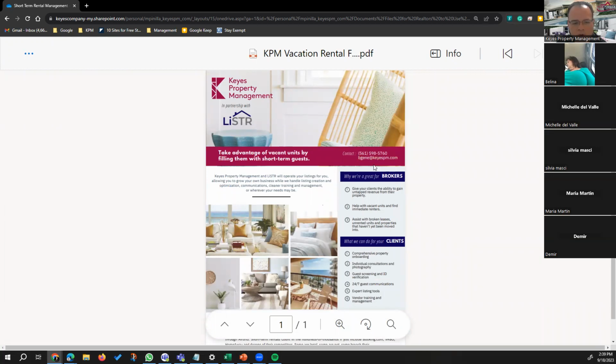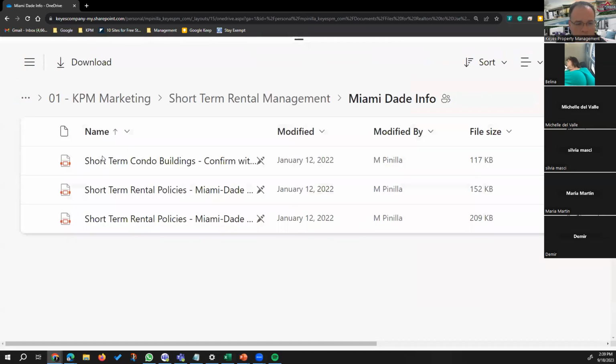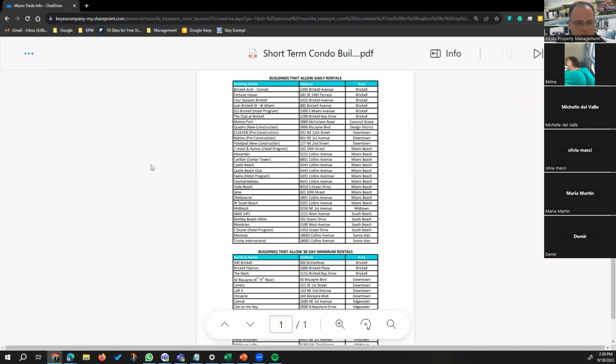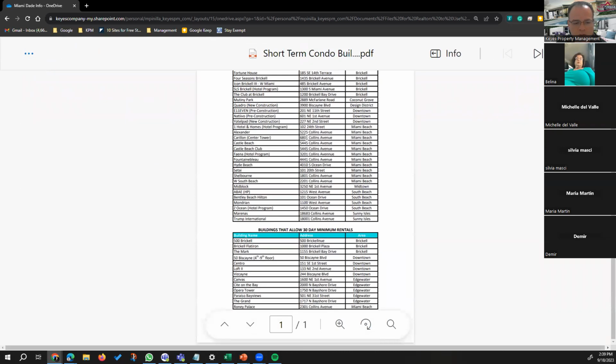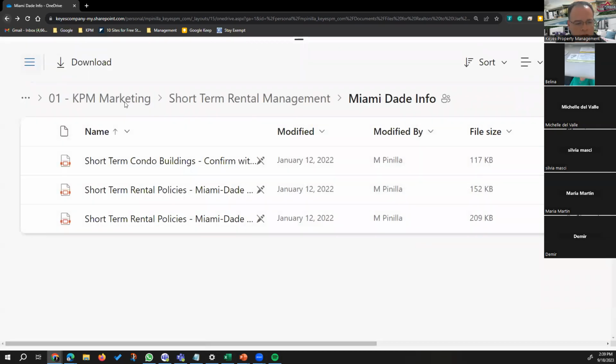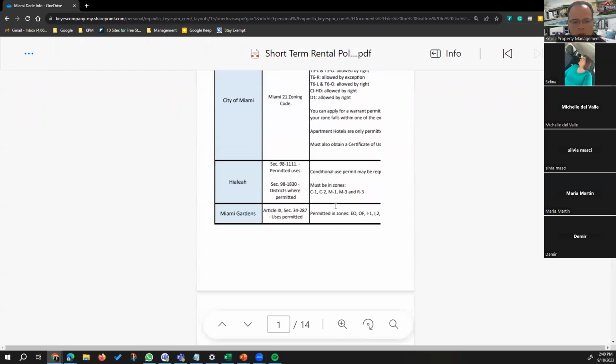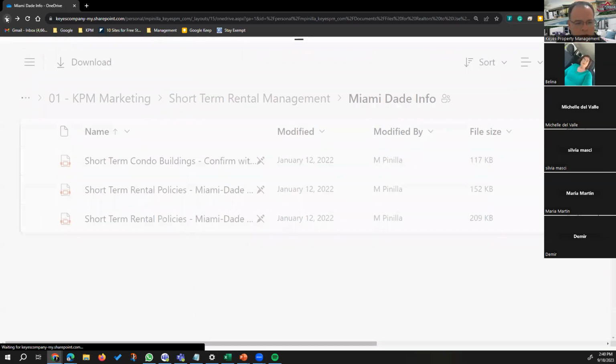Information is here, the phone number to call Benji and ask him about the terms and conditions of short-term rentals like Airbnb and VRBO. And then this is relatively old, you can see 2022, but this gives a list of properties that do short-term rentals. I'd love to get somebody to give me an updated one if they can. Short-term rental policies in Miami. So good information for you to have here.